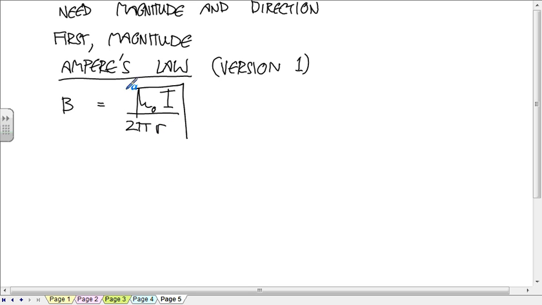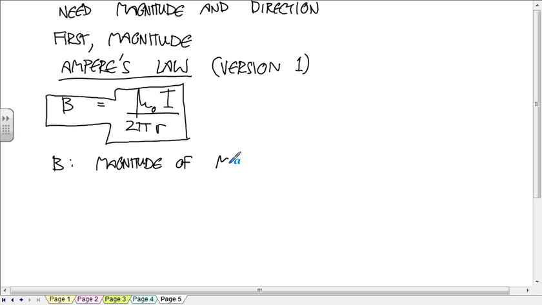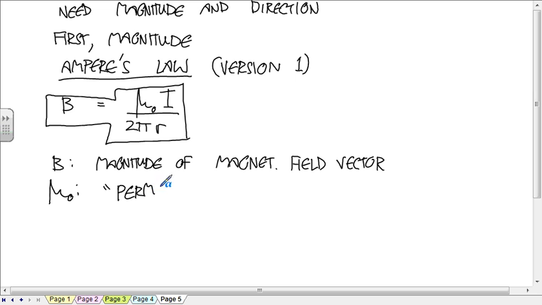I'll tell you what all those values mean. So B is the magnitude of the magnetic field vector. Mu sub 0 is called the permeability of free space.